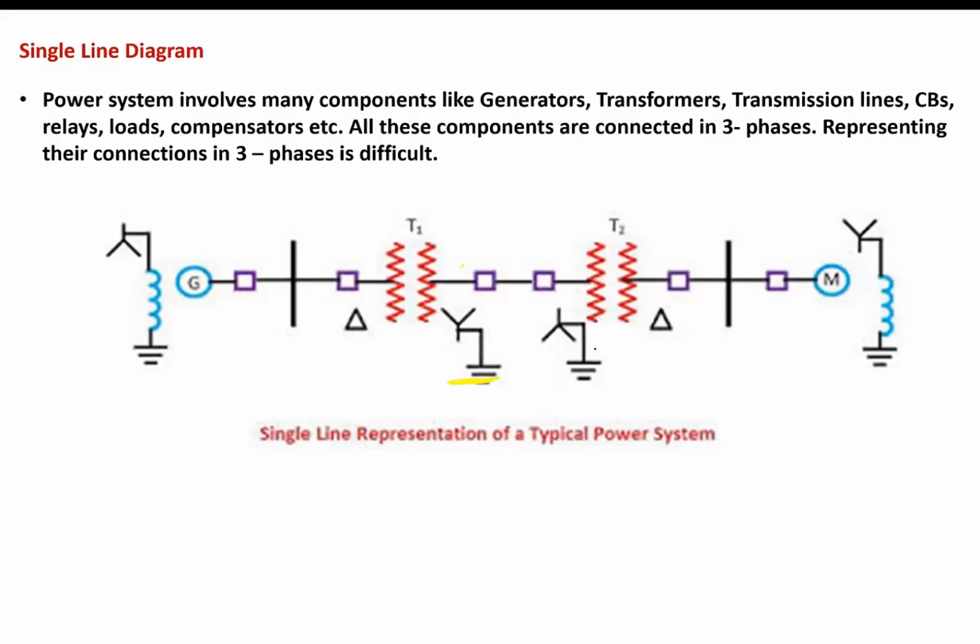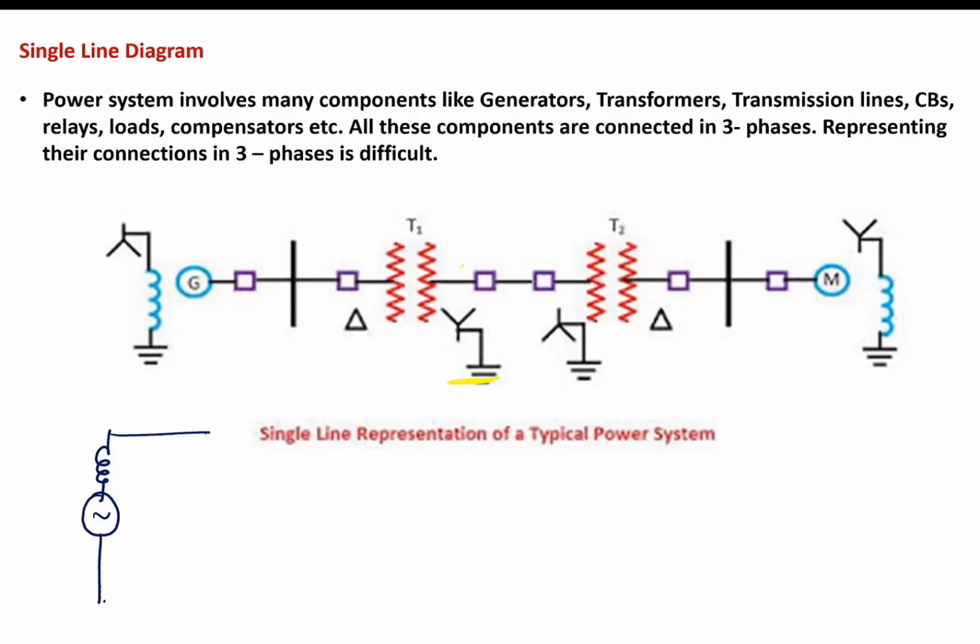Okay. Sir, why can we not directly analyze the power system? What is the problem? So let us take the circuit that we considered earlier in the single line diagram. If you directly try to model this circuit, we can write the generator as a series generator.